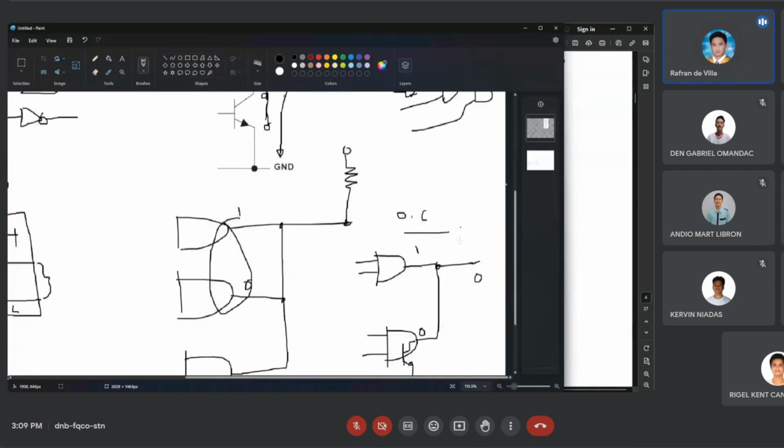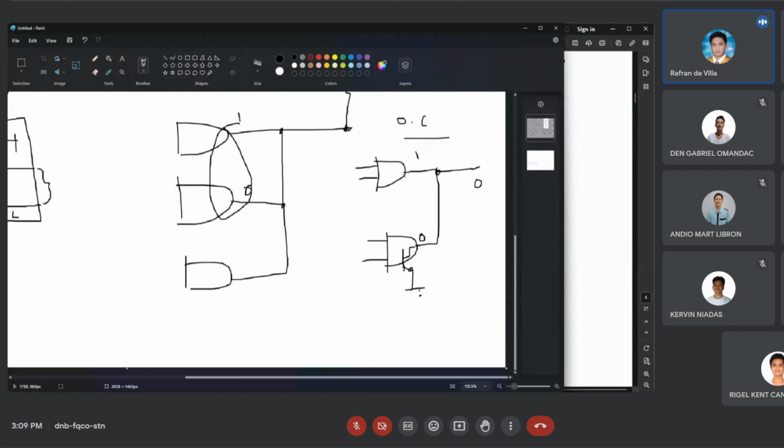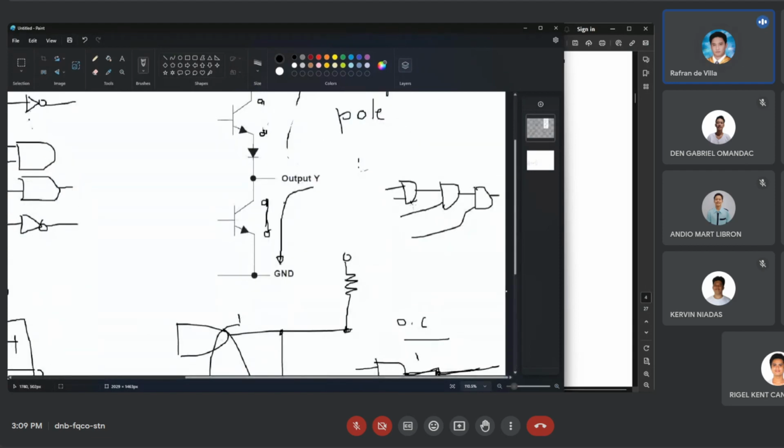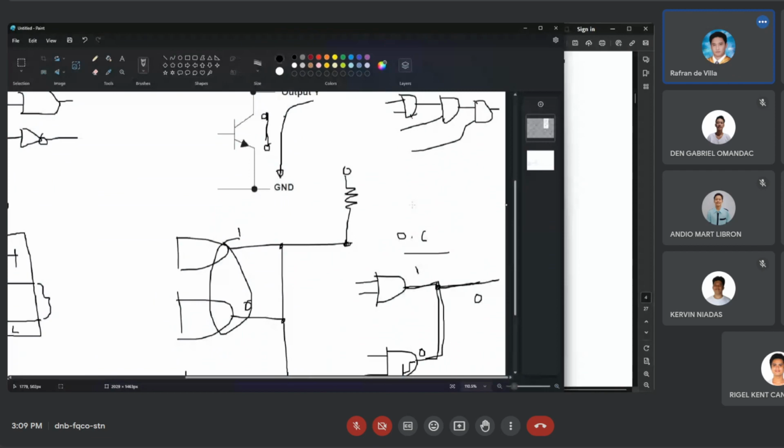But if you have an open collector, you can simply connect the outputs together. So that could save you additional ICs.